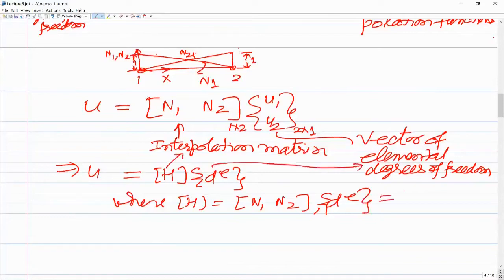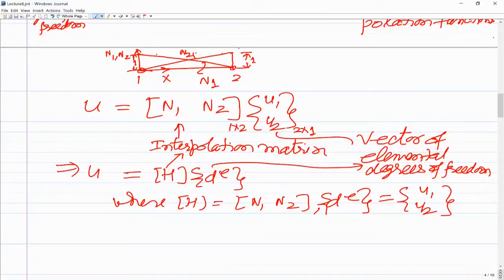So d is nothing but u1 and u2. H is the interpolation matrix and d is the vector of elemental degrees of freedom. It is called the interpolation matrix because it consists of the interpolation functions, n1 and n2, the shape functions. And d is the vector of elemental degrees of freedom because it involves the unknown displacements at all the nodes of the element.